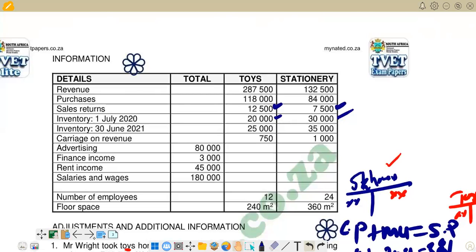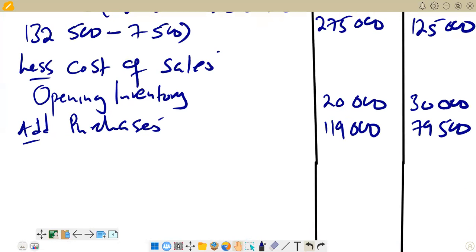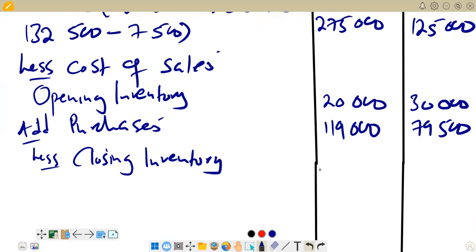So we come back there and say closing inventory. Then for inventory, we've got 25,000 here, and then we've got 35,000. So this is what we have.